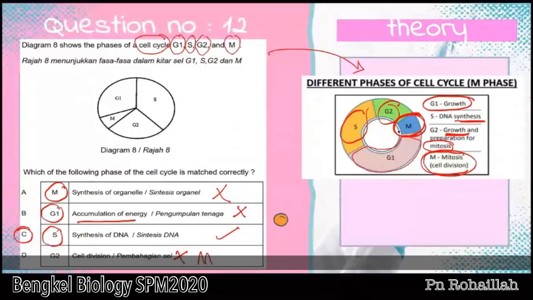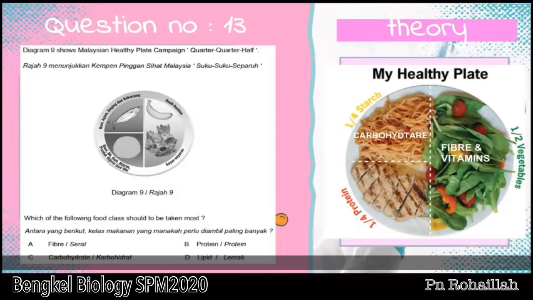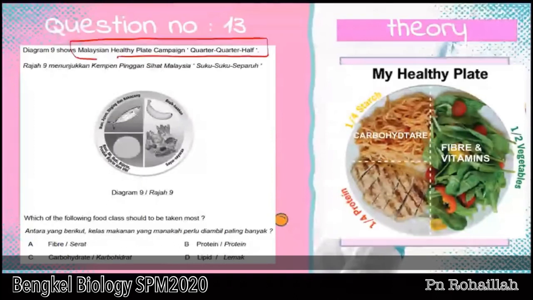Okay, next. Question number 13. Nampak pula keluar dekat depan ni. Diagram 9 shows the Malaysian Healthy Plate Campaign, quarter, half. Siapa yang nak sihat, tolong ikutlah campaign ni. Follow this campaign, then you will say thank you to the Malaysian Healthy Plate Campaign. So, pinggan sihat ni apa?